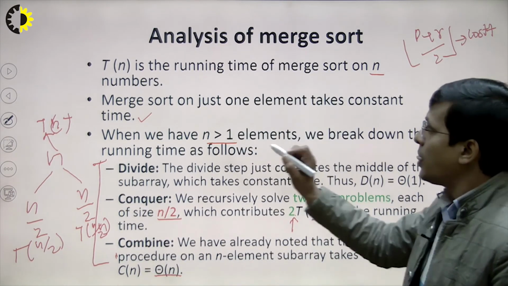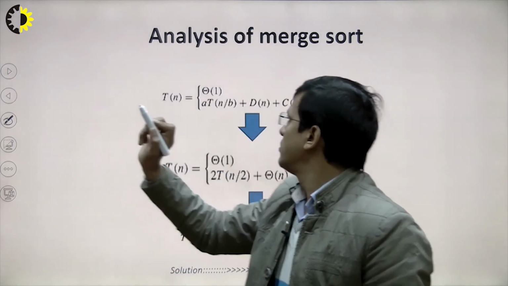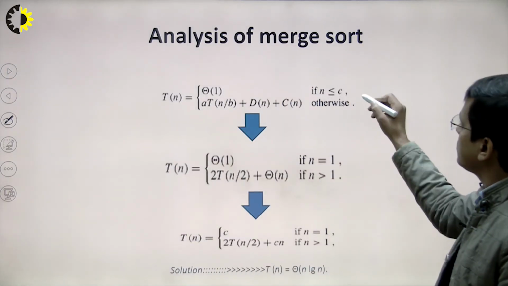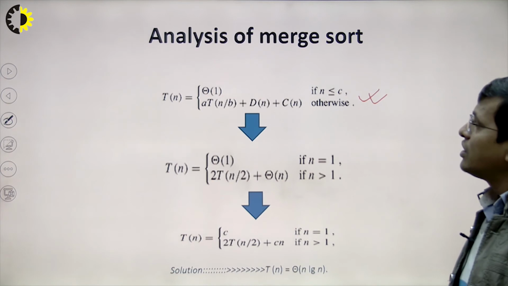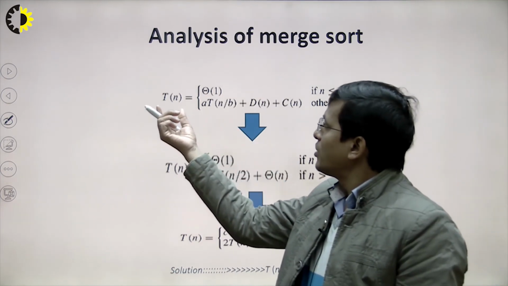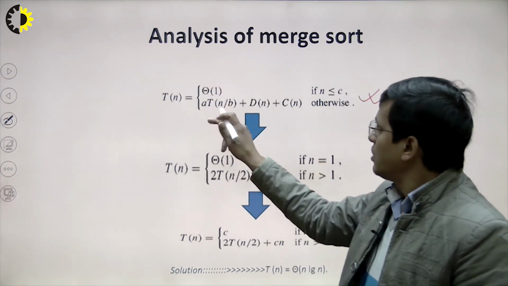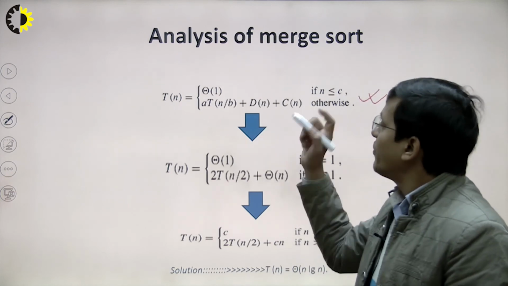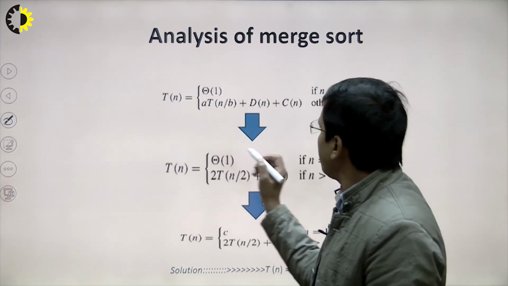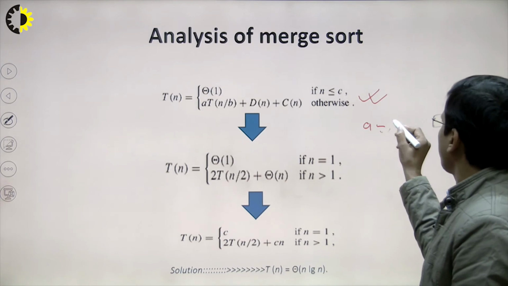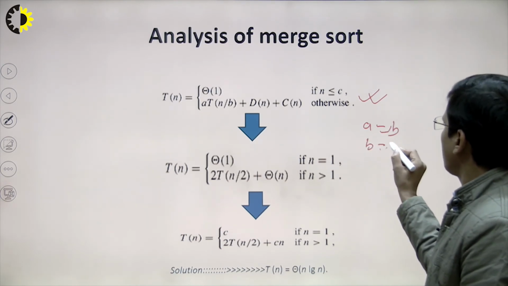So now we see the analysis. This is the overall general running time of merge sort. In the divide and conquer strategy, for merge sort, a is equal to 2 and b is equal to 2.